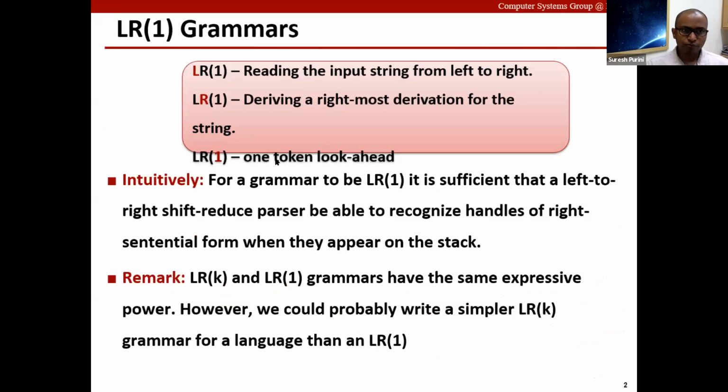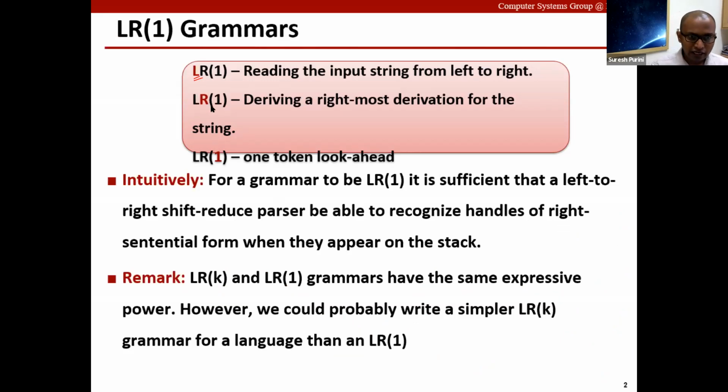So this bottom-up parsing can be applied to what are called LR(1) grammars. Or in other words, this bottom-up parsing is also called LR(1) parsing. The first L in LR(1) stands for the parser reading the input from left to right.